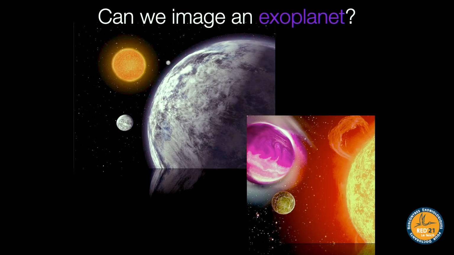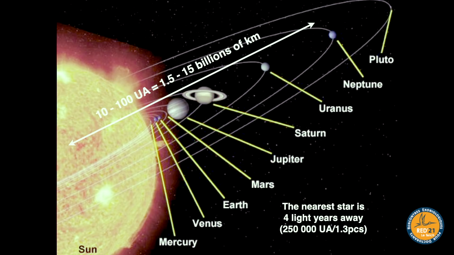Because we see a lot of these illustrations here on the web, and these are artist illustrations of these exoplanets. But really, the question remains, would we be able to do such images of exoplanets? So let's try to see if we can do that.